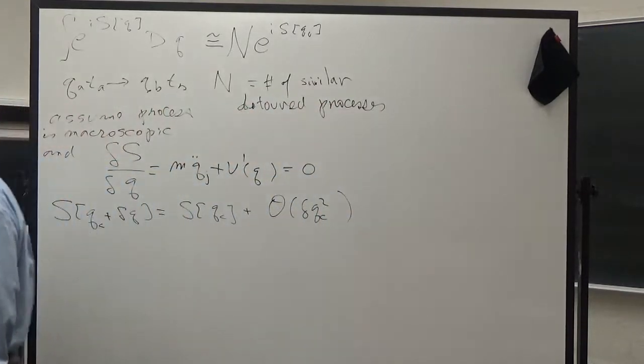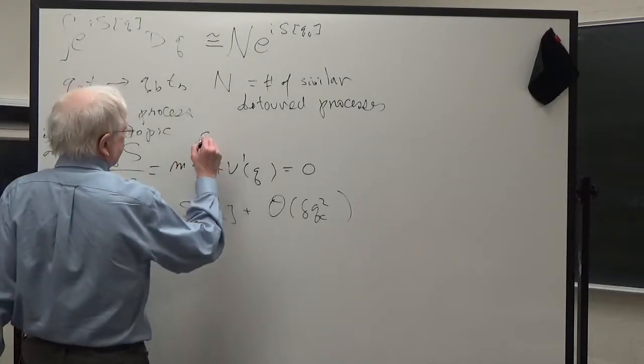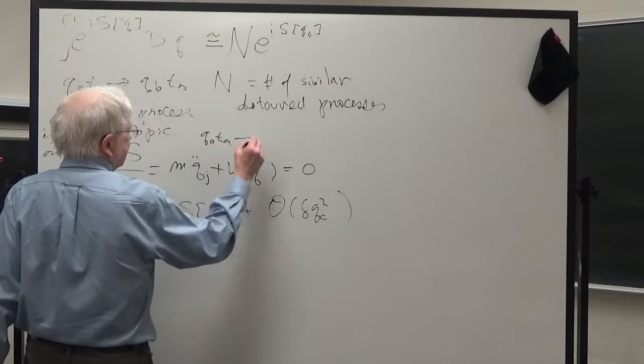So, in other words, there are a gazillion processes to go from QA, TA to QB, TB.